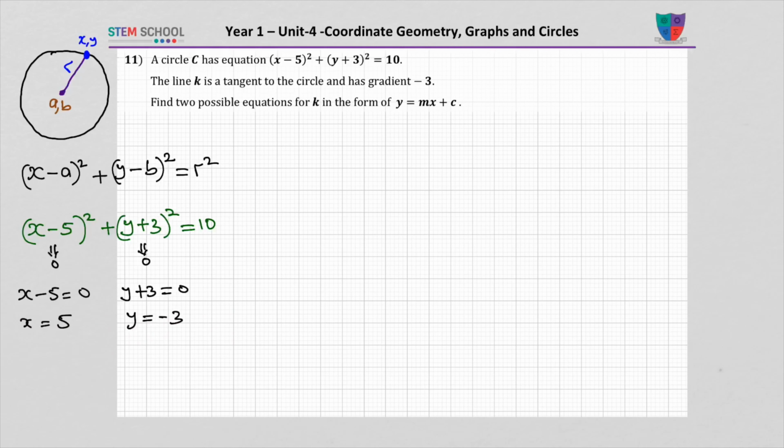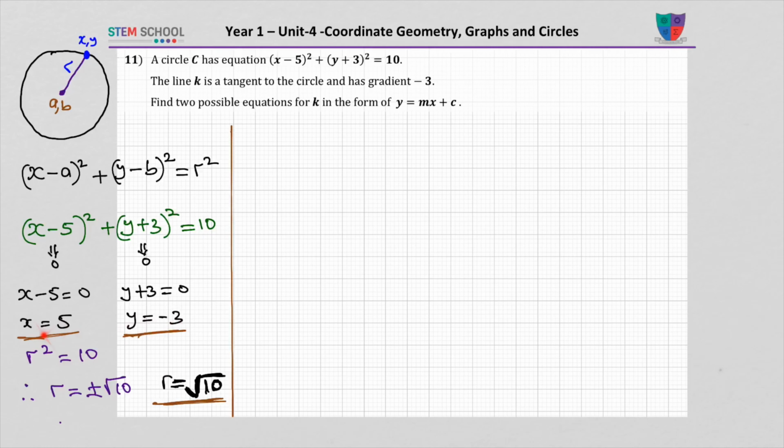And for the radius, r² = 10, therefore r = ±√10, but we cannot have a negative radius, so r is √10. Now we know the center is x = 5, y = −3, and the radius is √10.